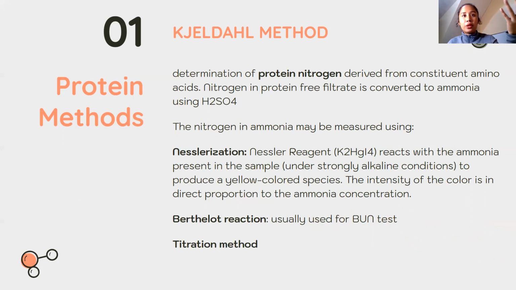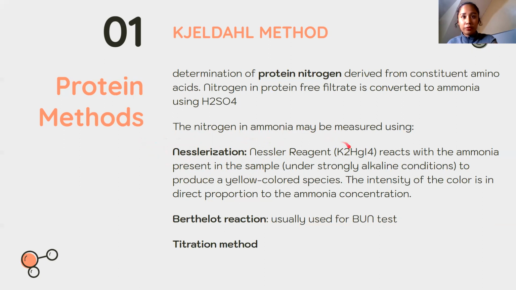So, itong Kjeldahl method, it's good for measuring proteins. It's good for measuring non-protein nitrogen because it measures the nitrogen portion. So, kung si Bure, minimeasure niya yung peptide bonds, si Kjeldahl, ang minimeasure niya nitrogen. So, your nitrogen is converted to ammonia, and your ammonia is quantitated through Nesslerization.